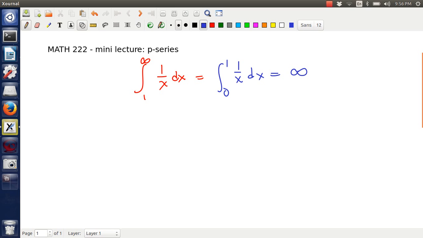Okay? That is more generally stated this way, where p is equal to 1. That exponent is 1.